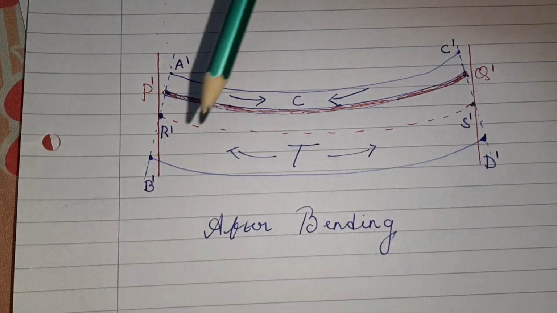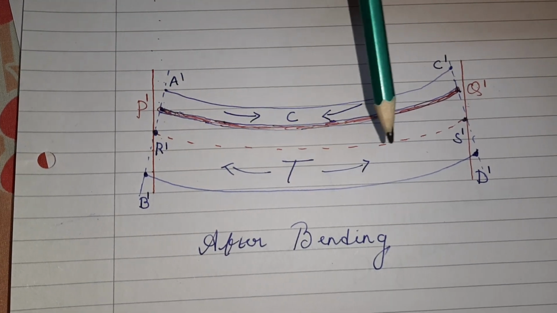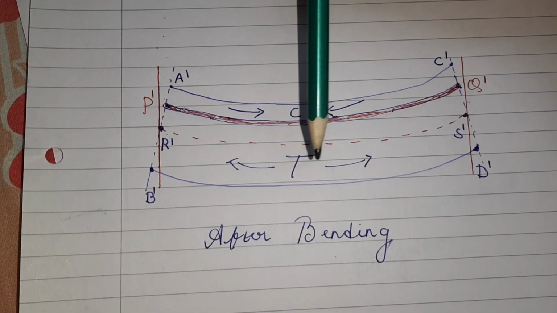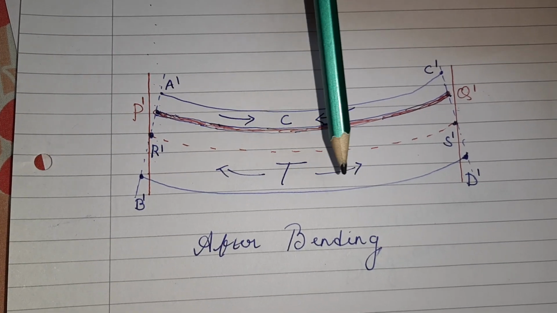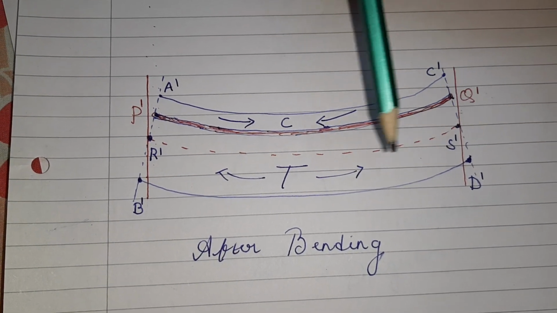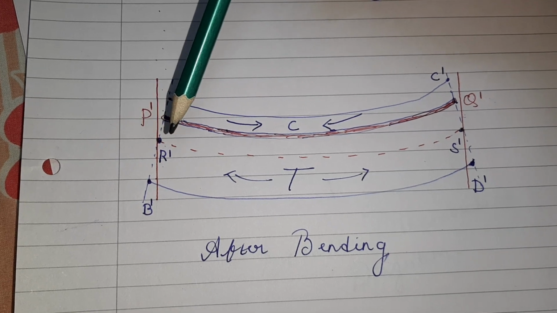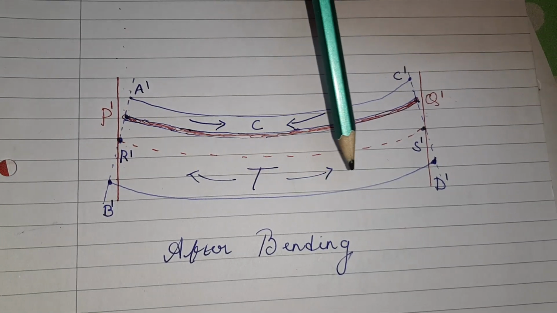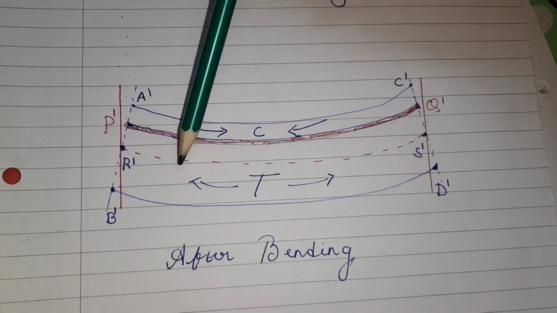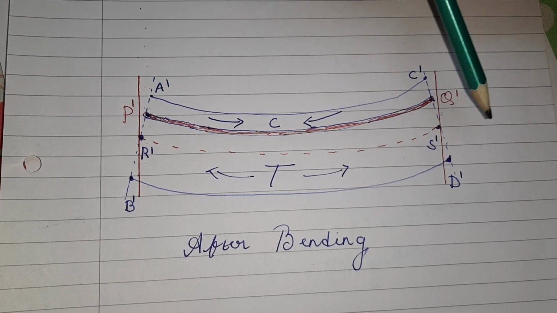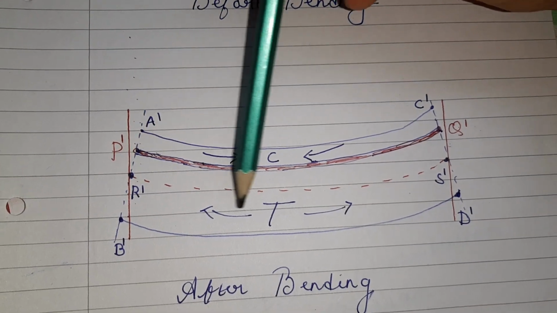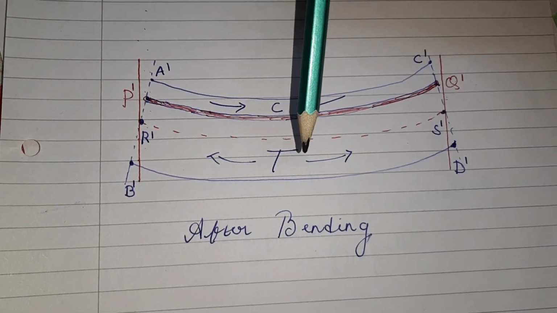Now if you see the portion below the neutral axis, it has gone under tension effect. That is, the forces developed below the neutral axis are tensile forces.